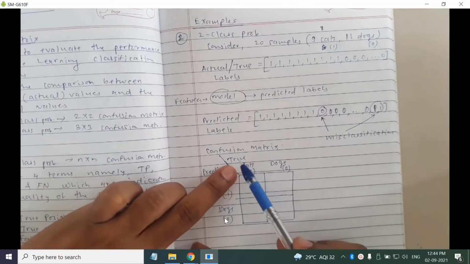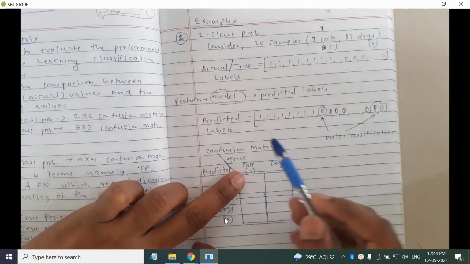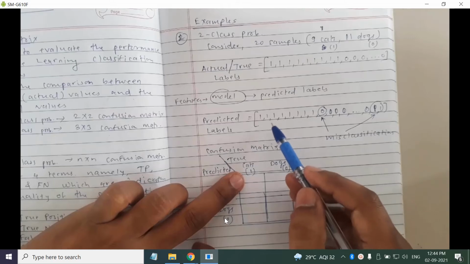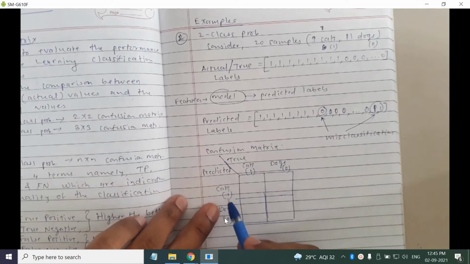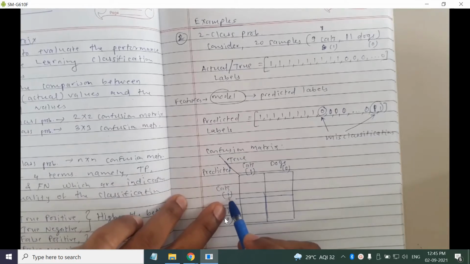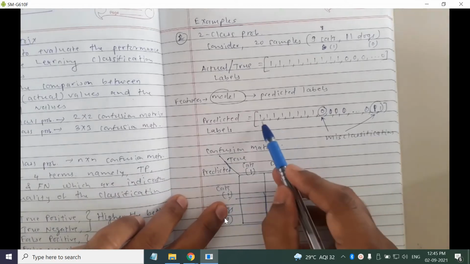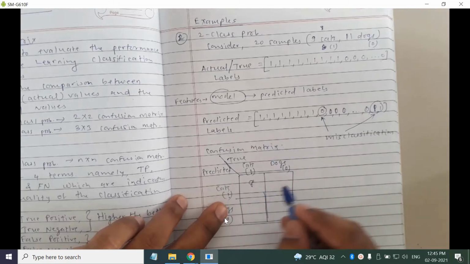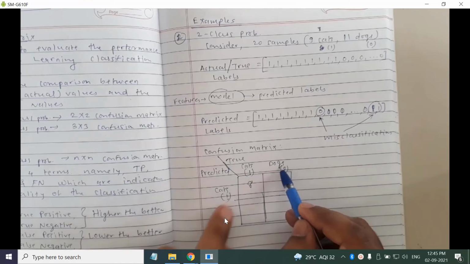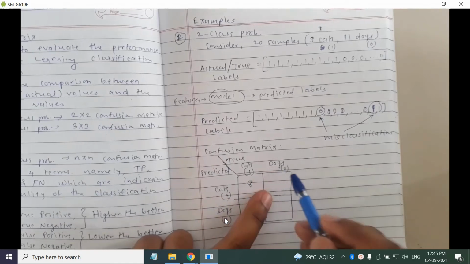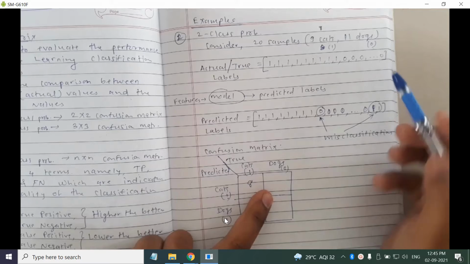True labels. So how many cats are correctly classified? The label is 1 and our model is saying 1. This is happening for how many cats? 8. Yes. Then for dogs, the true label is dog but our model is saying cat: 2.